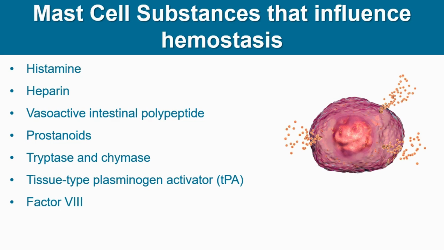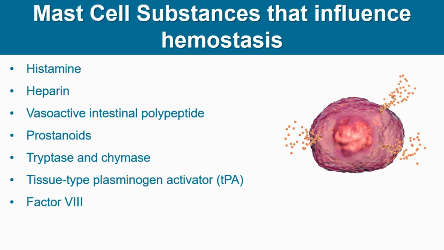So we have histamine, heparin, vasoactive intestinal polypeptide, prostanoids, tryptase and chymase, tissue type plasminogen activator, TPA, and factor 7. So mast cells release histamine. And the interesting part is they can either cause or inhibit thrombosis depending on whether it's acting on resting endothelial cells or on cells pre-activated by other inflammatory stimuli.